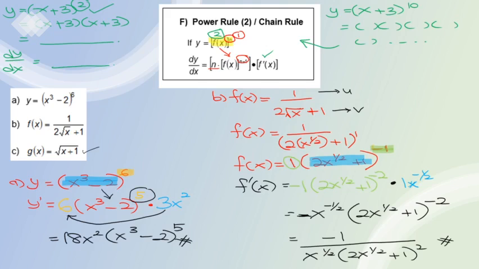Okay, we go for example A. Y equals to x cubed minus 2 power of n. So copy back. Y equals to x cubed minus 2 power 6.